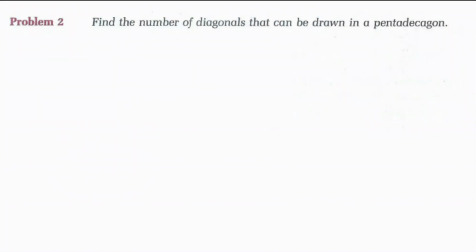Now looking at problem 2, find the number of diagonals that can be drawn in a pentadecagon. Now a pentadecagon is a 15-sided figure. Penta meaning 5, deca meaning 10, put them together and you get 15. Now I know the number of diagonals is given by the formula d is equal to n times (n minus 3) divided by 2.